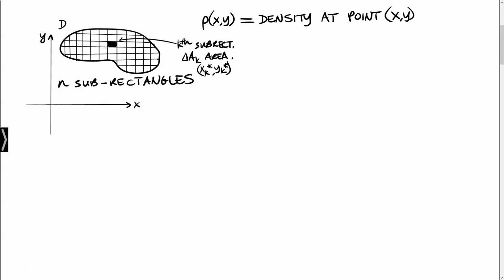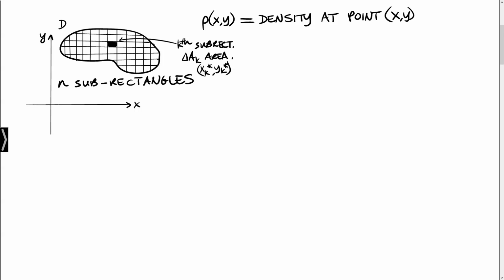So I just literally copied and pasted the picture that we had from the previous video here. It's exactly the same. We've got n little subrectangles for this region D, and we're focusing in on this kth subrectangle with area delta A_k, and we're taking a sample point x_k star, y_k star.